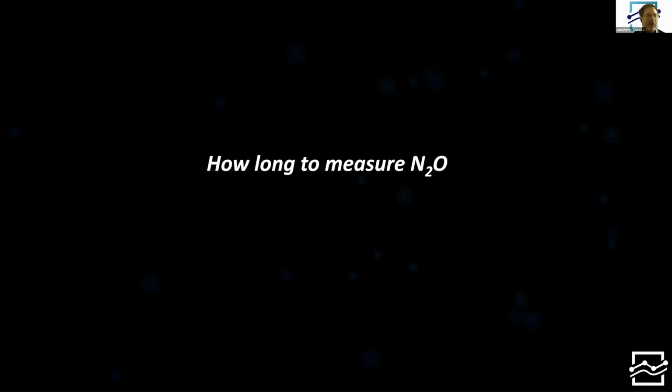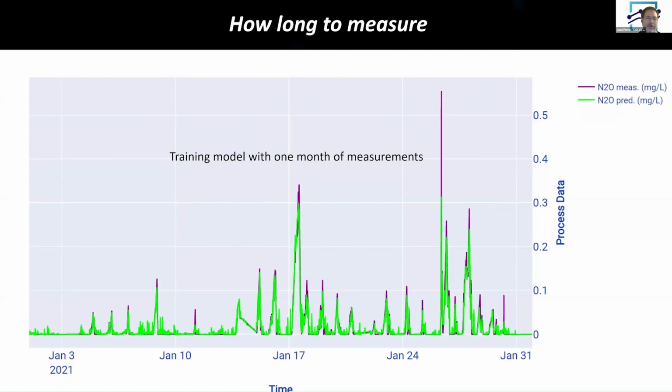And in terms of how long to measure, so we talked about this earlier, we don't need to measure for a full year to understand what the seasonal variation is. We typically recommend doing 1 month of measurements, and once we're doing that, we can train a machine learning model. We can see how accurate it can be using that 1 month of training data.